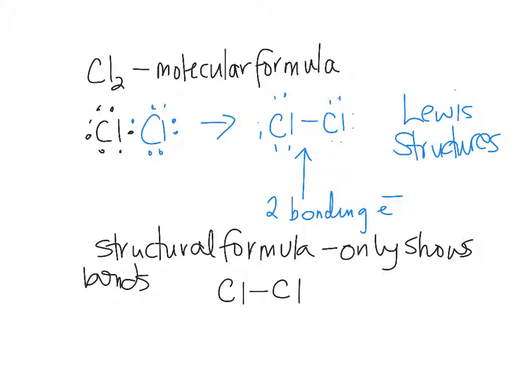So, the next part of the note is broken down by types of covalent bonds. So we're going to look at examples that have pure covalent bonding, where the difference in electronegativity is 0. Good examples of these are your diatomic elements.